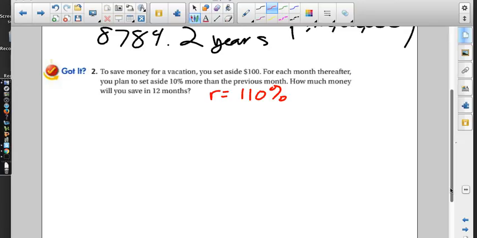They're saying I'm going to still put my $100 in, but I'm also going to increase it. So if we want to know how much they save over the 12 months, we use our formula. First month was 100. 110% is a decimal, everybody: 1.1. Going to happen for 12 months.